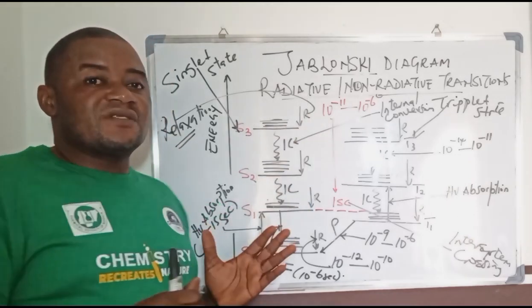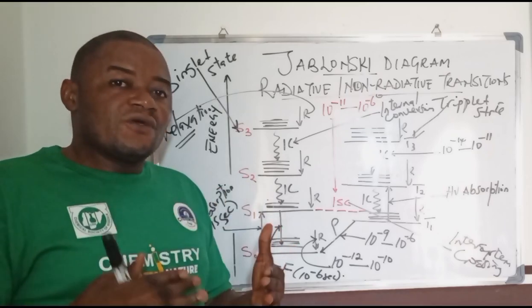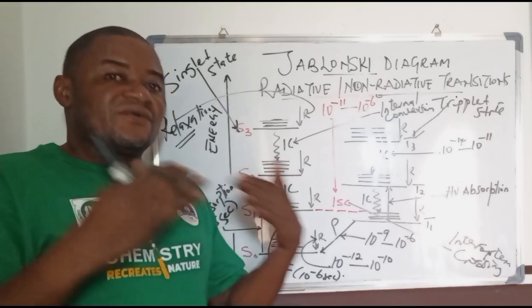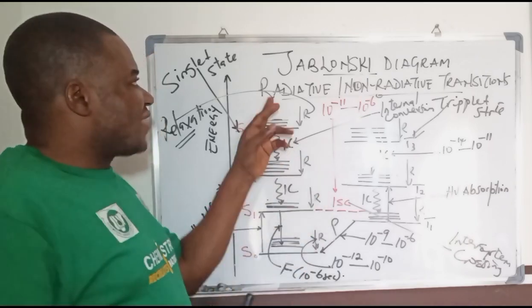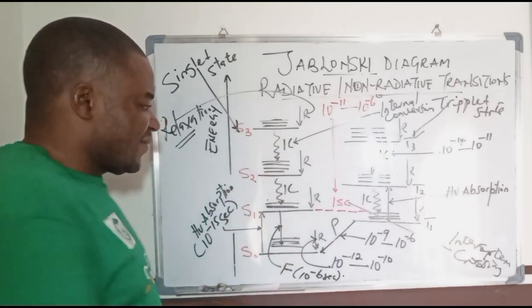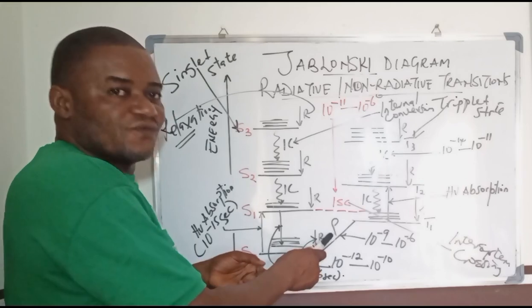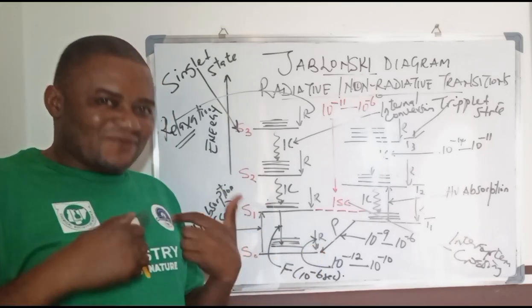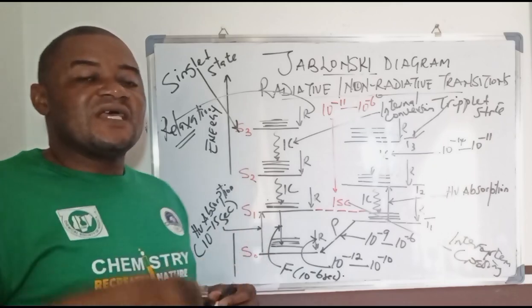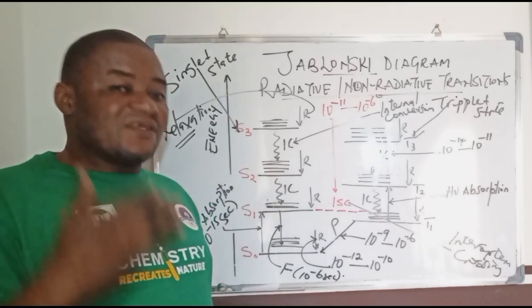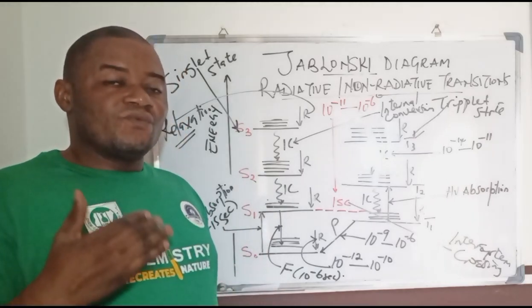Radiative transitions are transitions that occur with the emission of radiation. And usually there are two basic types of radiative transition, and those two types are fluorescence and phosphorescence. Now radiative transitions are transitions that occur with what?